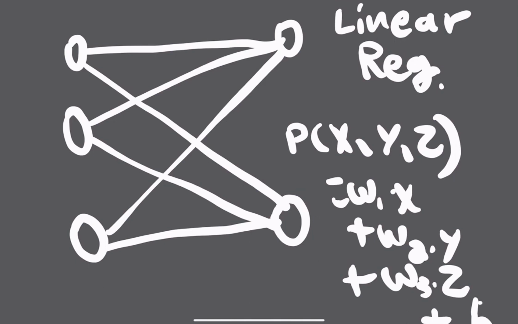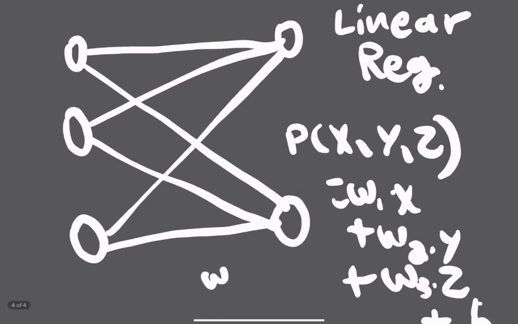So in this node right here, it will have its own W1, W2, W3, and b that has to be learned through training, which is just gradient descent, taking derivatives, and then using the derivatives and the learning rate to update the weights. This node over here, completely independently of this neuron, will do its own linear regression. So this node will also have its own W1, W2, W3, and bias.